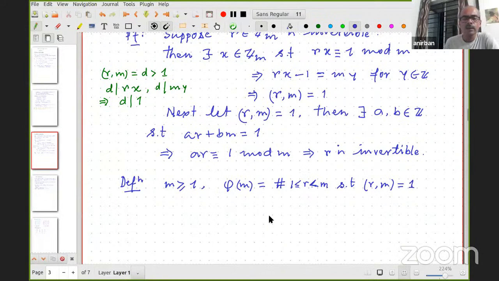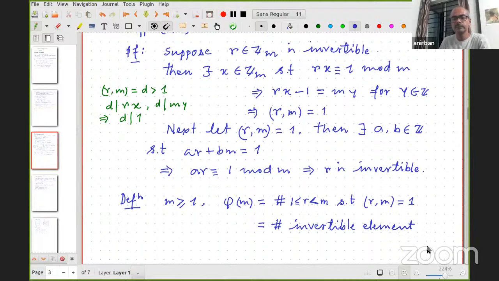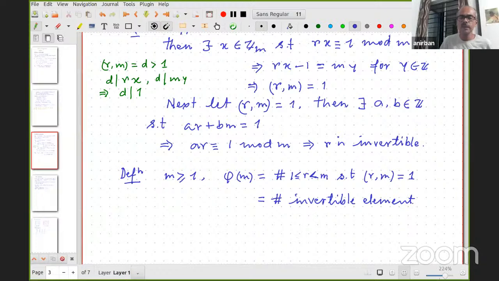So by the above theorem, we can say that these are precisely the elements which are invertible. So this is exactly the number of invertible elements of Zm.